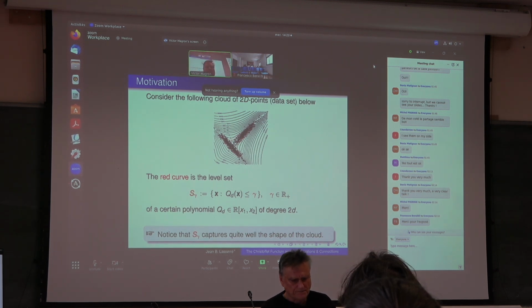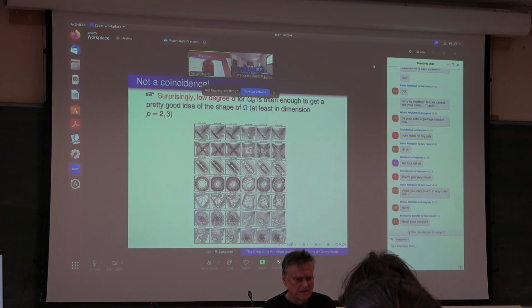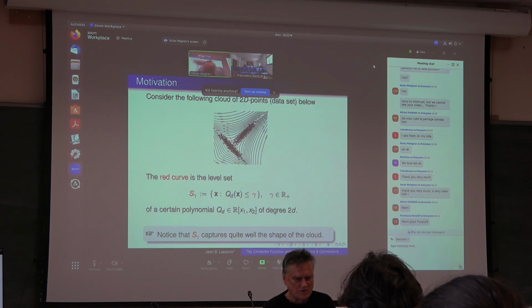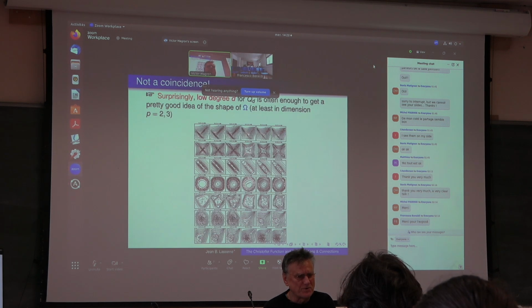Okay, and this is not a coincidence. See, there are a bunch of examples in dimension 2 again, where you have different pictures. I don't see the degree here, but the degree was not very high. So with a relatively small degree d, you can construct a polynomial like this one, Qd of x. And when you draw the level set of this polynomial, you see that each time, for these examples, you capture quite well the shape of the cloud.